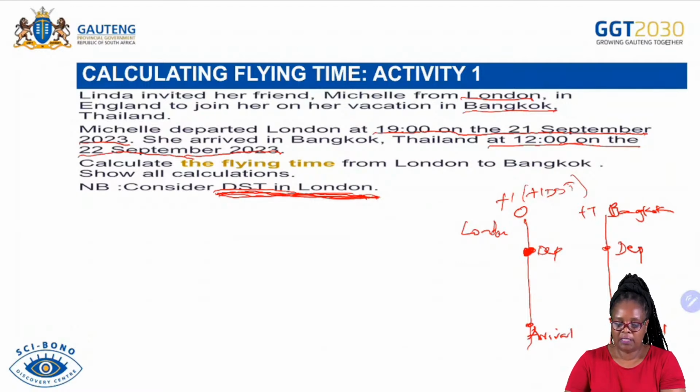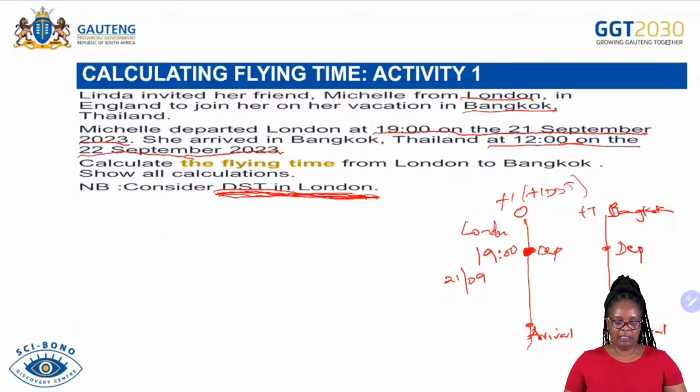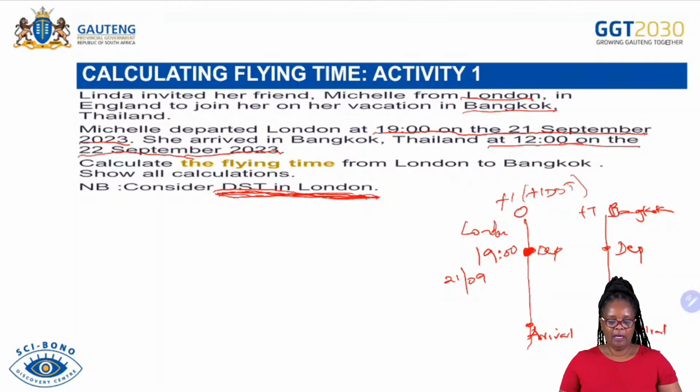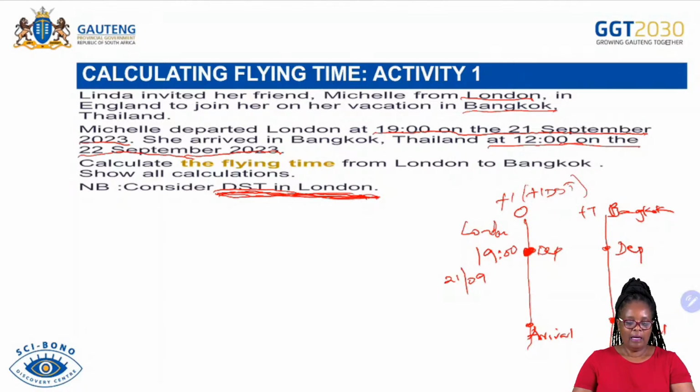So she departed London at 1900 hours. When? 21 September. This is what has been given. It says write the given time, and we have the given time. Then Thailand.